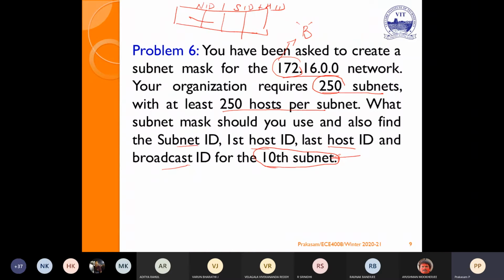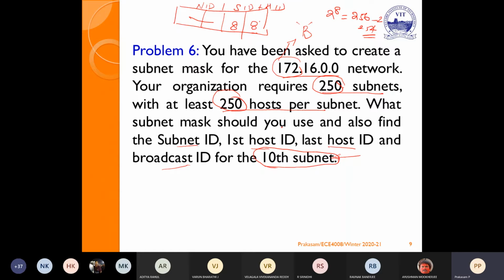I need 250 subnets, each with 250 hosts. So out of the 16, I think you know what 2 power 8 is? 256. Usable subnets or usable hosts, minus 2, so 254. So out of 16, if I allocate 8 bits for subnet and 8 bits for host, I can provide 250 subnets and 250 hosts per subnet.